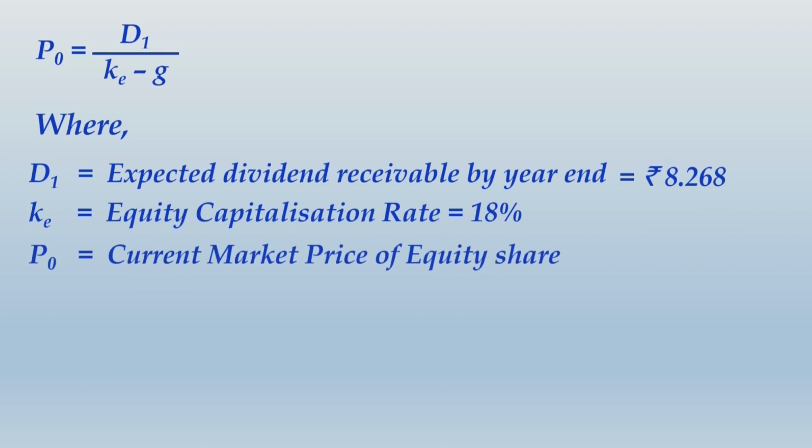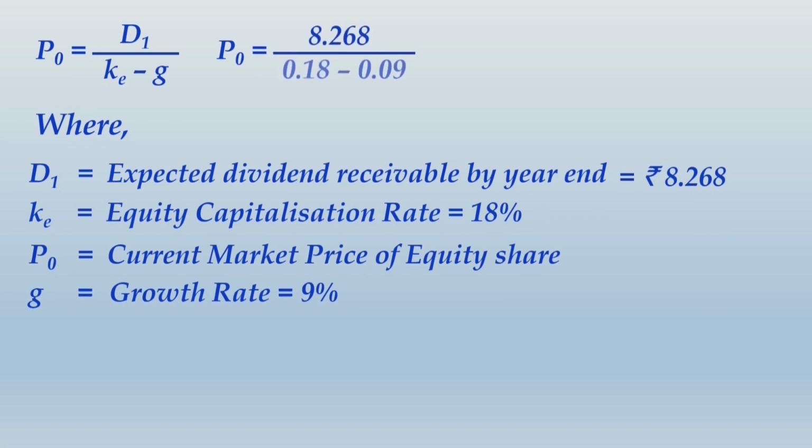P0 is the current market price of equity share that we have yet to find out, and G stands for growth rate, which we have determined as 9%. So let us put up these values in P0 formula, that is the Gordon's formula. P0 will be 8.268 divided by 0.18 minus 0.09. P0 will be finally 91.867. So note down this whole thing, and that will be end of the solution.